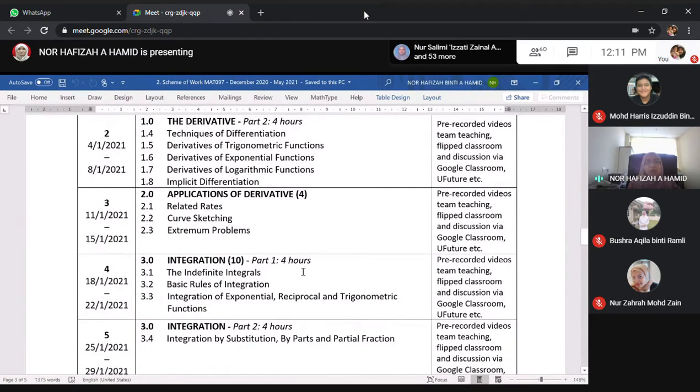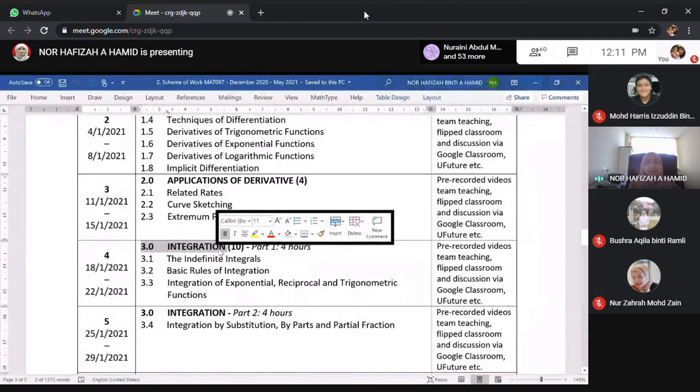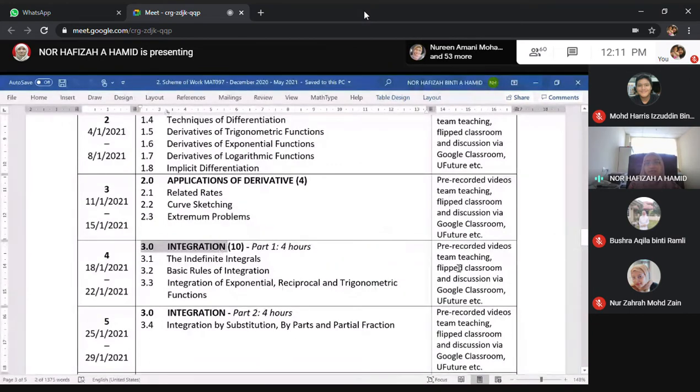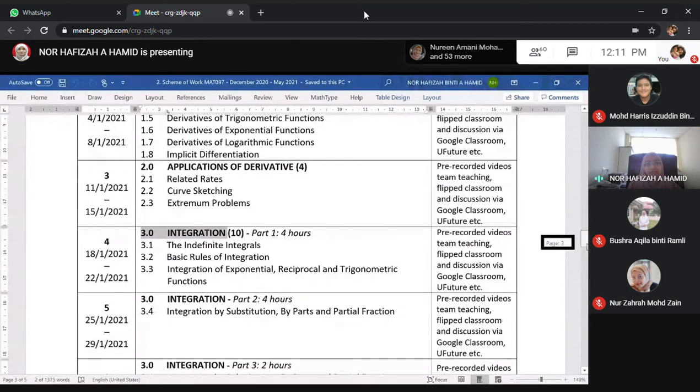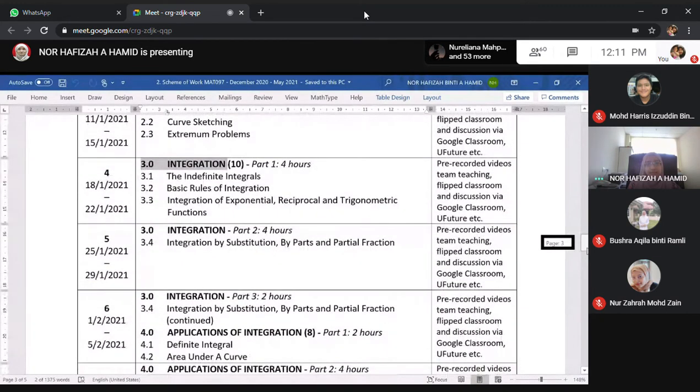On week 4, we have the third chapter, integration. Integration is the longest chapter. We cover it for 10 hours, so chapter 3 until week 6.